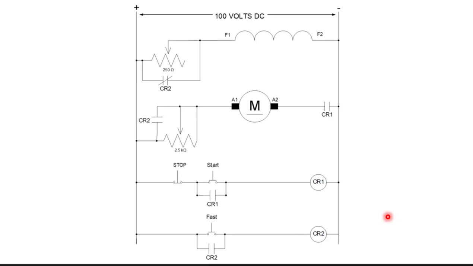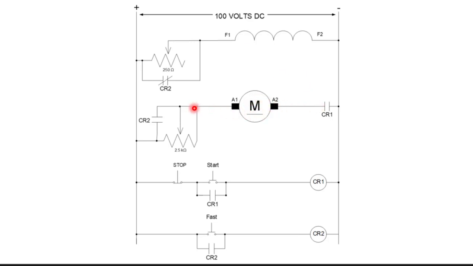So the fact of the matter is, when this motor starts churning, I have my field that's producing magnetic lines of flux, and I have the armature windings that are cutting these lines of flux. And if I'm cutting lines of flux, I'm inducing a voltage, and I'm basically generating current in these windings.